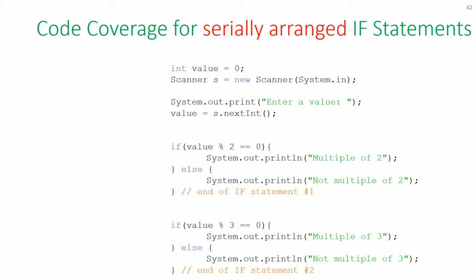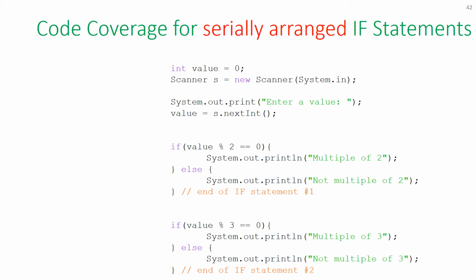And then it asks a question. Is the value a multiple of 2? The value that you just gave me. Yes, do this. No, do that. And then we have two serially arranged if statements. When I introduced the serially arranged if statement, I told you these are independent questions, independent if statements. So the first one asks, is this value a multiple of 2?